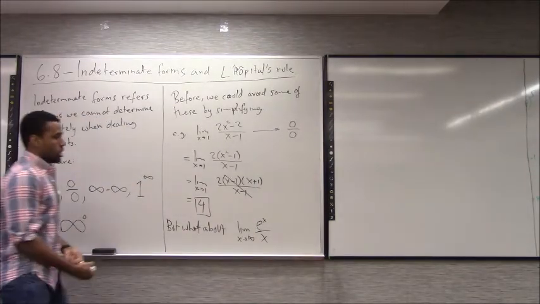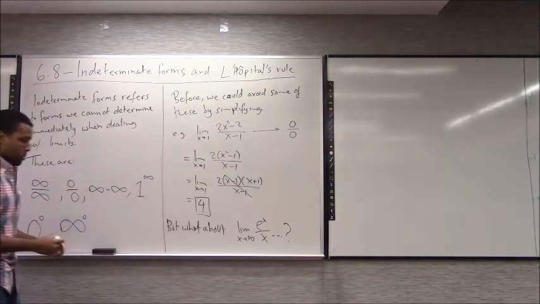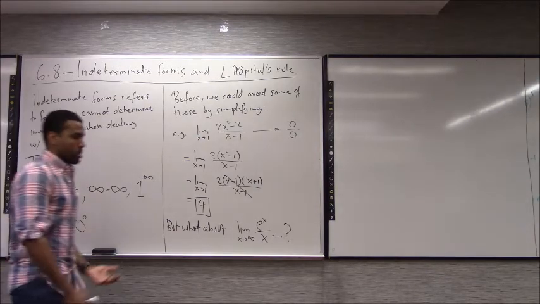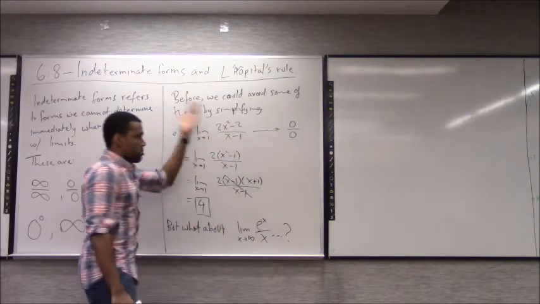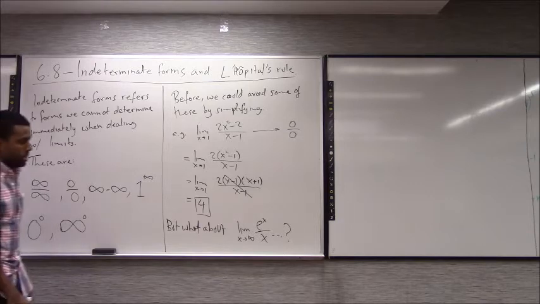And so you can't really deal with that as well. And the fact that there are different sizes to infinity, so you're not sure if infinity divided by infinity, if this one's bigger than that one, or vice versa, and that's why subtraction is kind of weird. But yeah, so there are times when the simplifying idea does not work, and you have more complicated functions, and so we need actually something better.